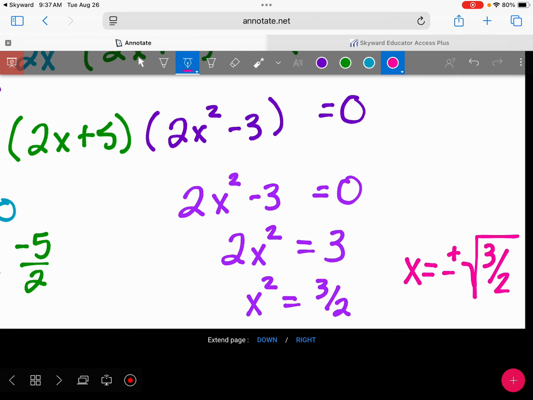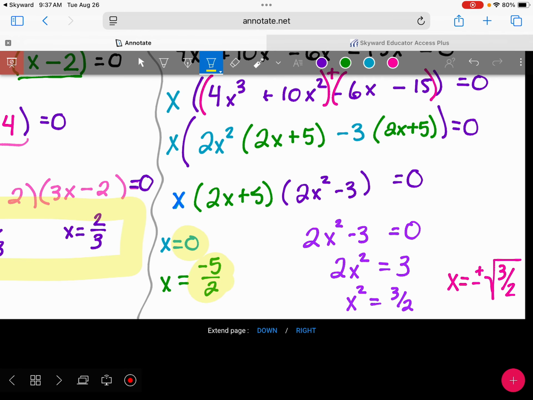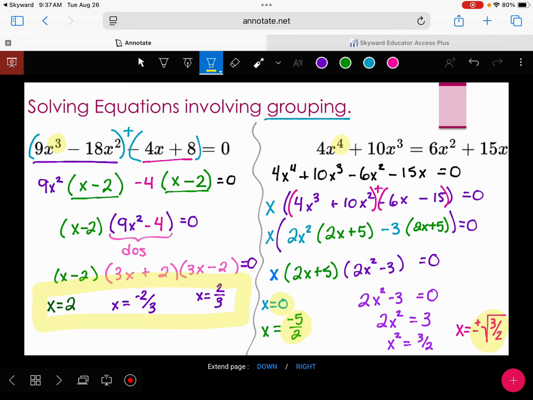Technically we should, but you can also type it in the calculator like that and it'll rationalize it for you. But we have our 1, 2, 3, 4 roots because we had a 4th degree function. That is a really easy way to spot check and make sure we got all the things we needed.